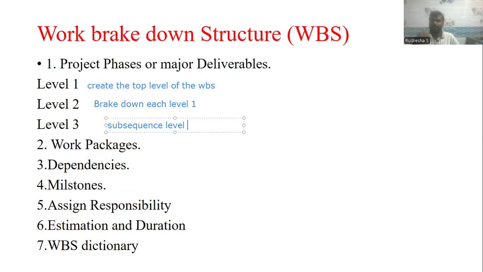See, there are 3 levels: first, create the top level of the work breakdown structure; second, break down each level 1; then subsequent levels.